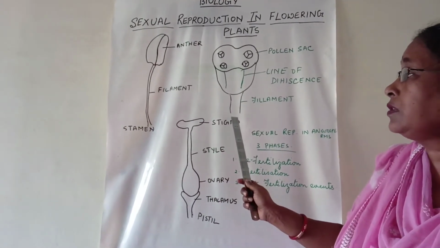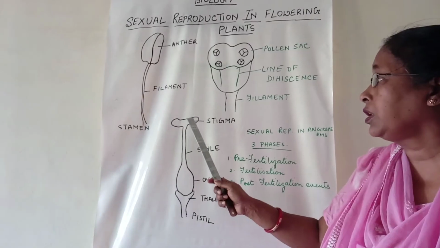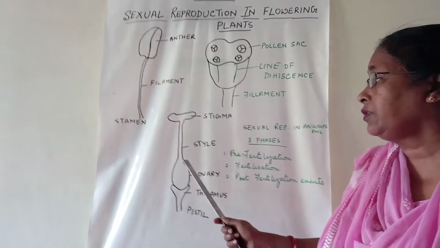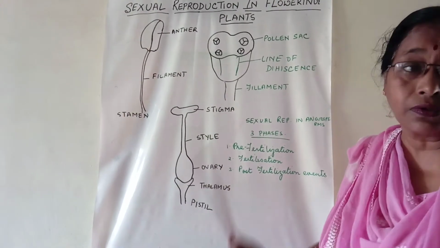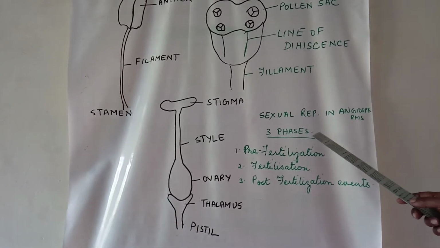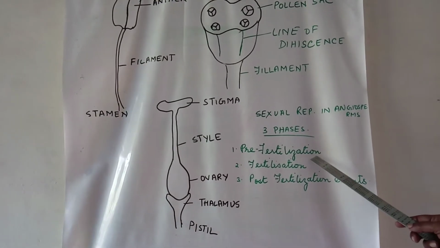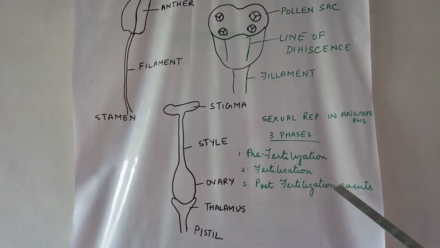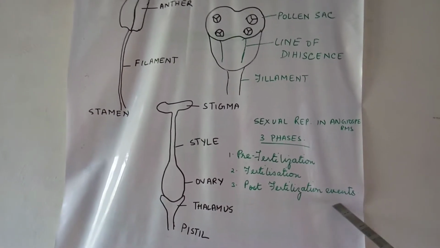The mature pollen grains fall on the stigma, and through the style it reaches the ovules. Sexual reproduction in angiosperms consists of three phases: the pre-fertilization phase, the fertilization phase, and the post-fertilization events.